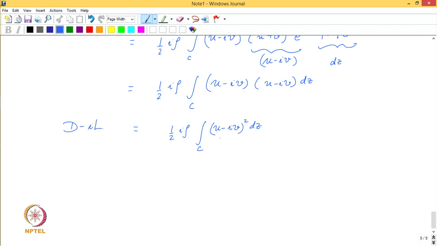Now, note that u minus iv is the complex velocity W in the Cartesian system.